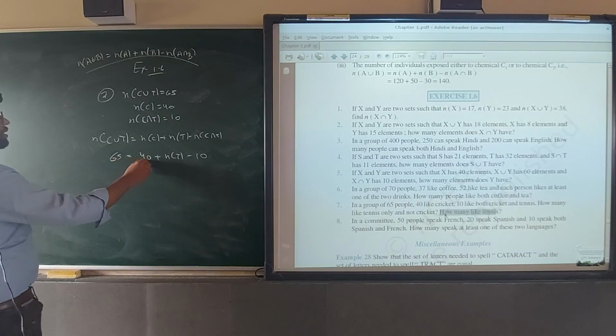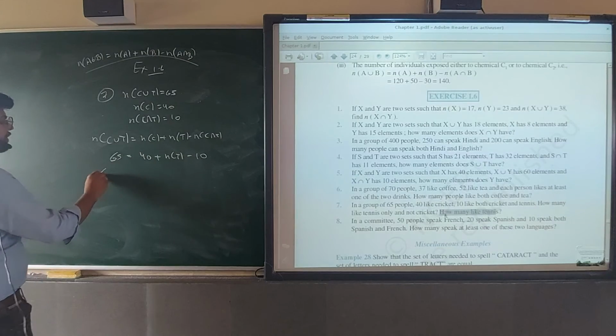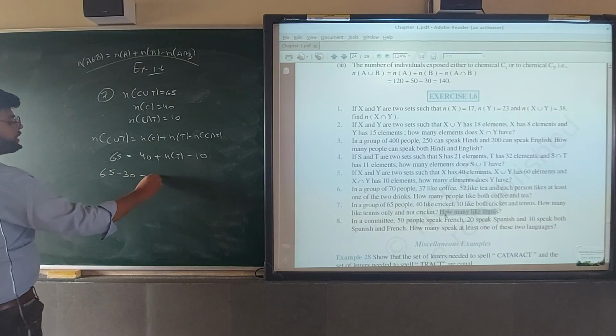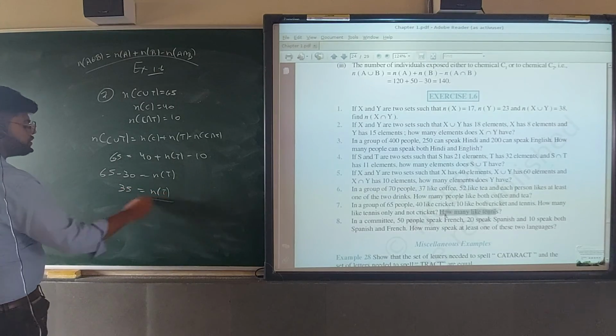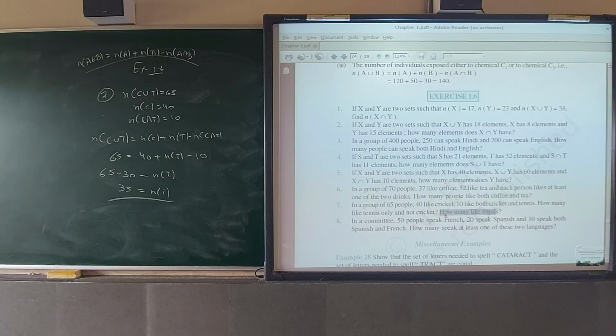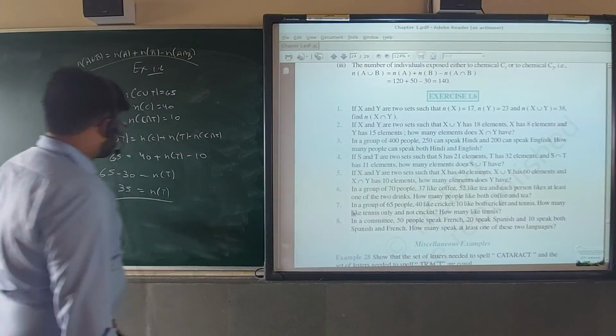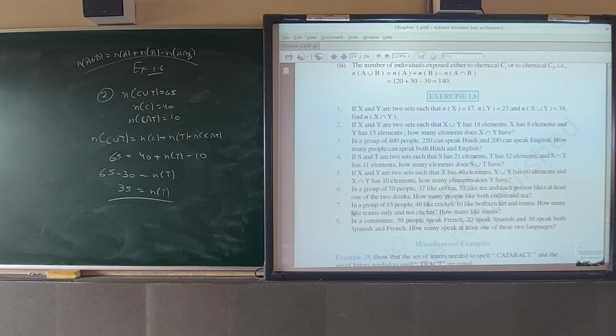Okay, 65, 40. 40 minus 10, 30. 65 minus 30, n(T) is 35. That is the number of players who like tennis. Tennis only, not cricket. In this one, only tennis one player will like. No one who is liking cricket. Cricket also. So 35, the number of players who play tennis. 35 is the answer of this one.